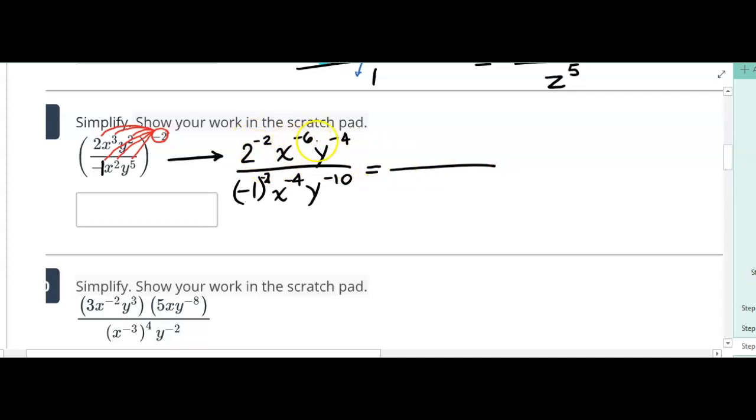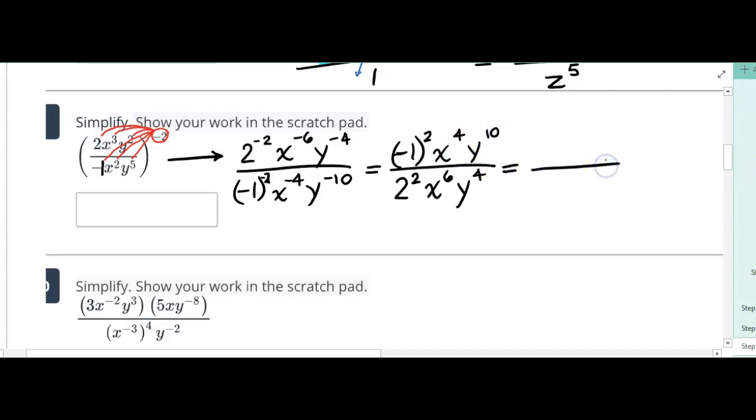Now I'm going to move everything that has a negative exponent. So 2 squared moves down, x to the 6th moves down, y to the 4th moves down, -1 squared moves up and becomes positive there. Just the exponent, not the negative sign in the number. X to the 4th and y to the 10th.